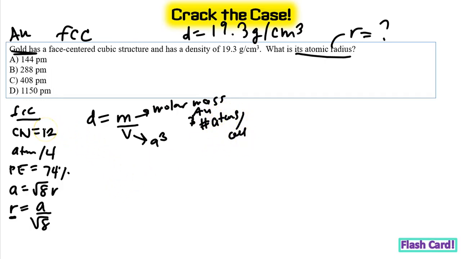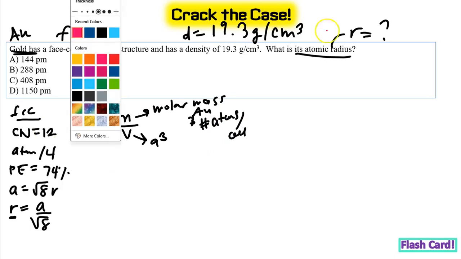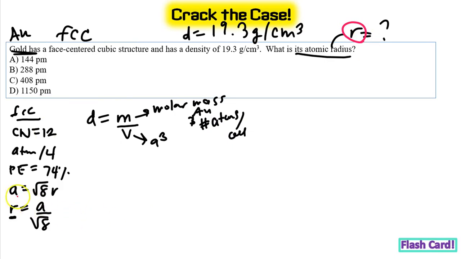So as you can see, we can start asking ourselves some questions. Wait, what are we going to need in order to get our r value? Well, we're going to need a. The only way we can get a is if we know our volume here. Once we know our volume, we can get a, and then we can take the cube root of this a cubed here, to get a by itself.